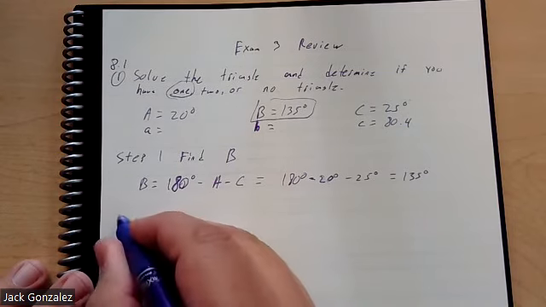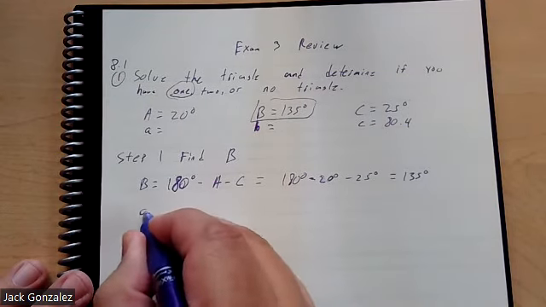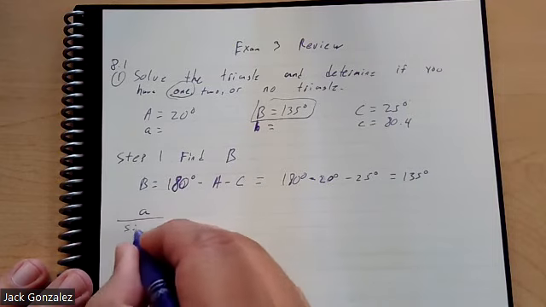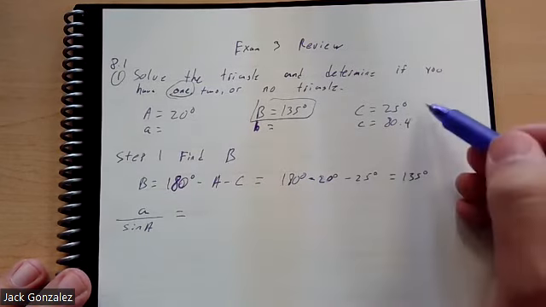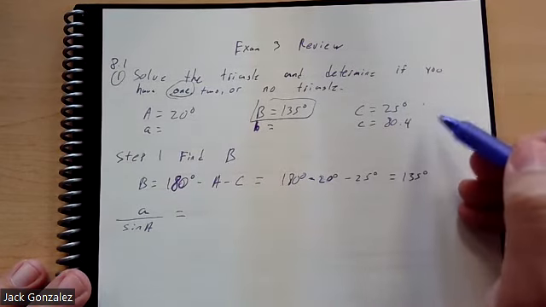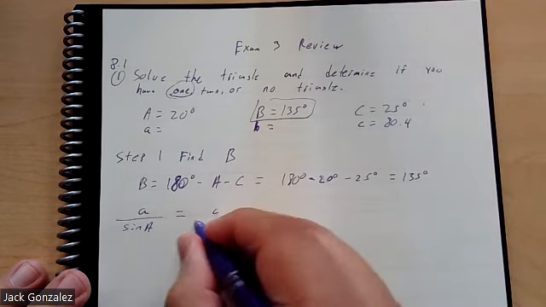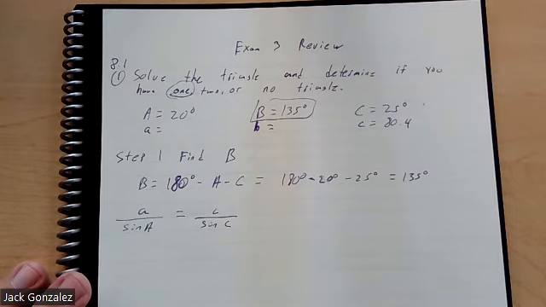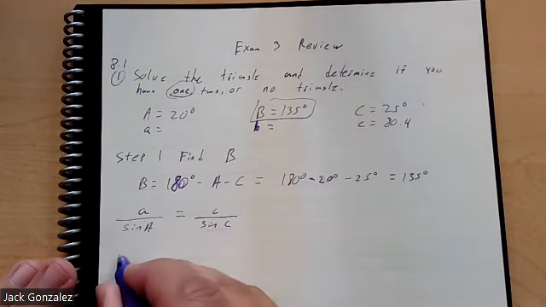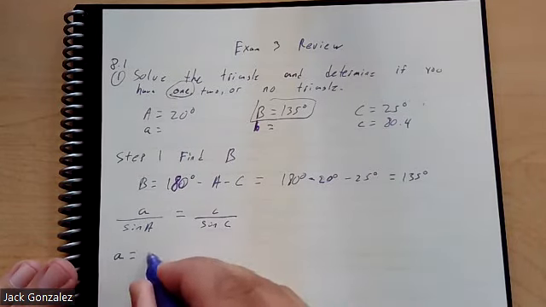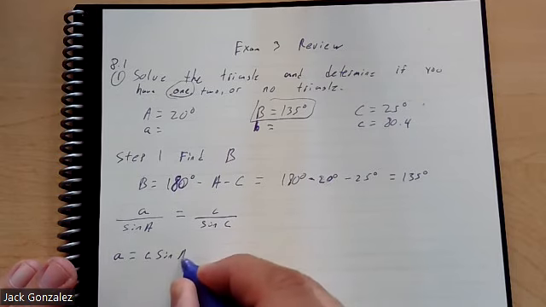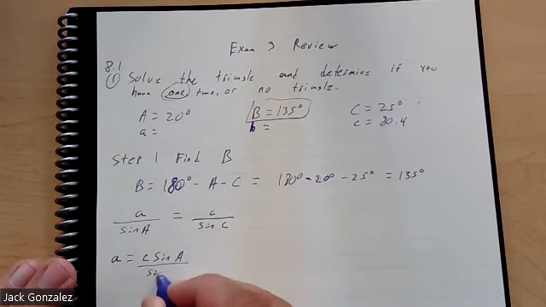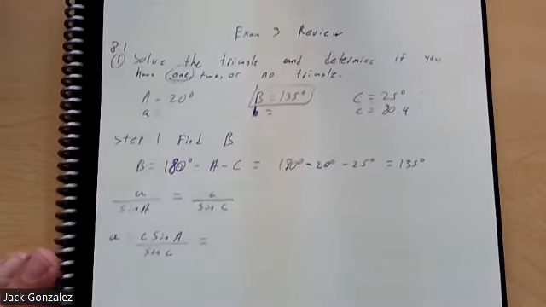So here we go. You're going to solve for a little a first. Make sure you write A over sine A and set it equal to the stuff that has both parts, the whole pair, the little c over sine c. Multiply both sides by sine A, and you'll get to here. I'll skip this step here. Is that cool?